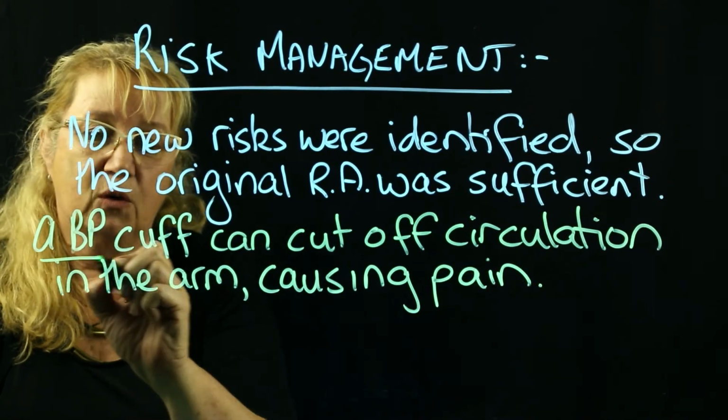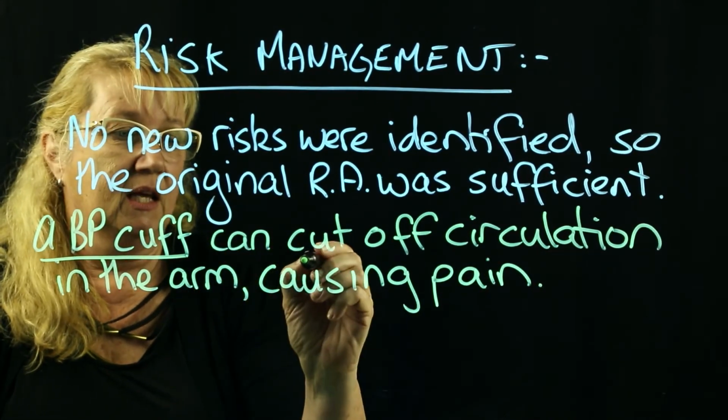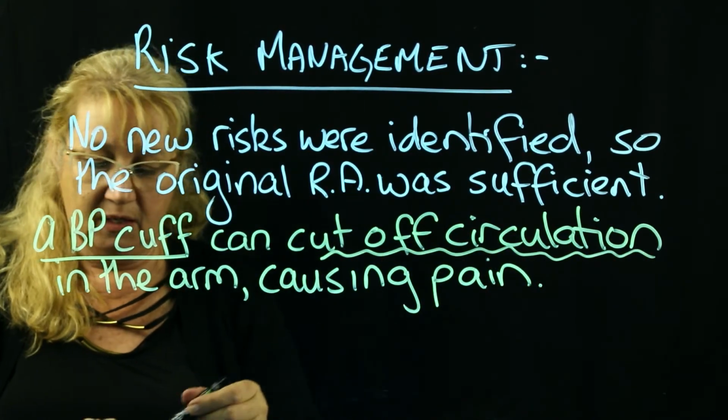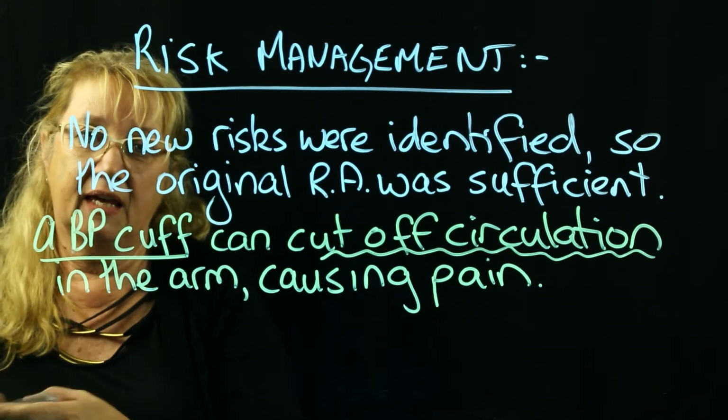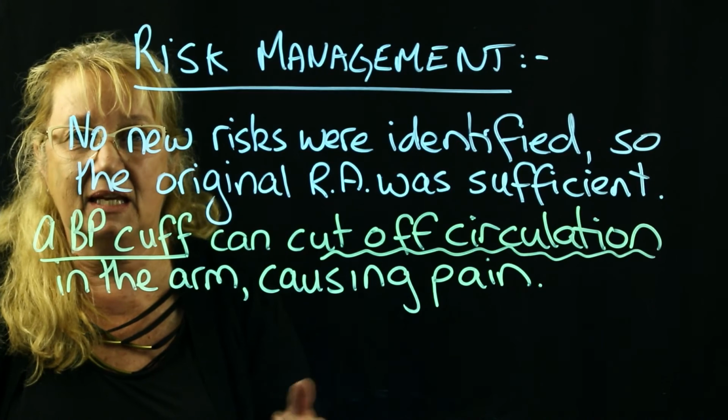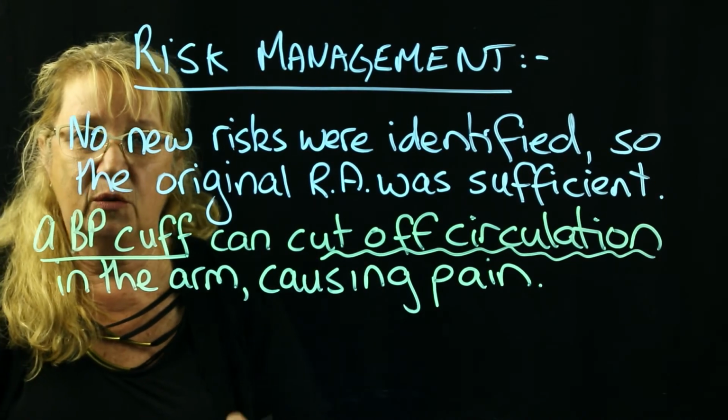So here I've got the equipment, here I have got the risk, and now I need to say how I'm going to make that risk less. We call it mitigating the risk, but we don't need to remember that.